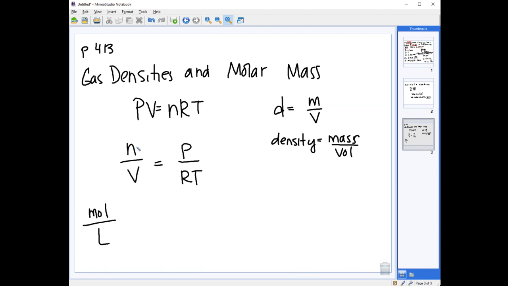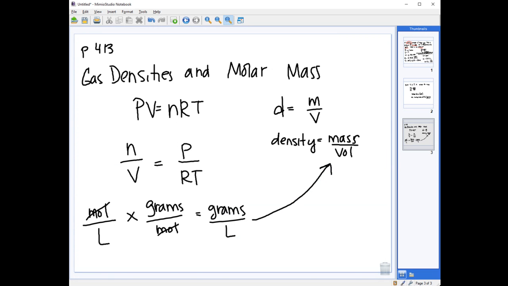Because our unit for N is moles and our unit for volume is liter. We multiply that by our molar mass, which is grams per mole, right? Then we're left with grams per liter, which is basically the equation for density.